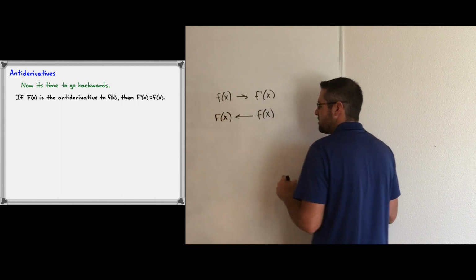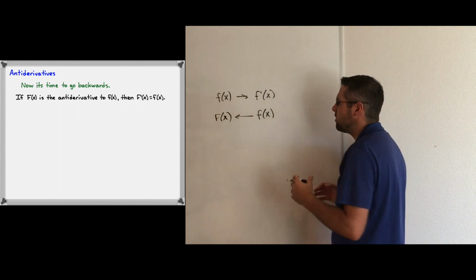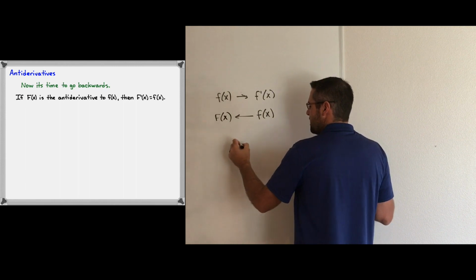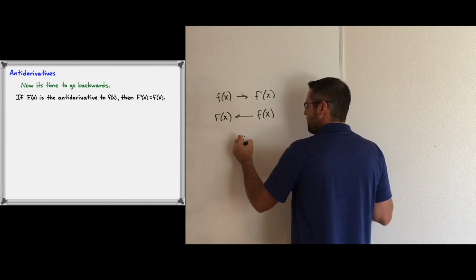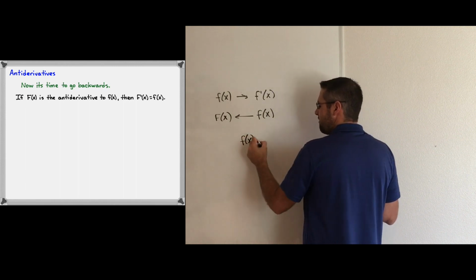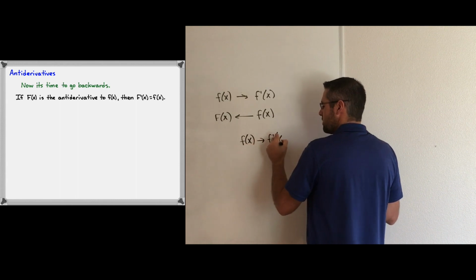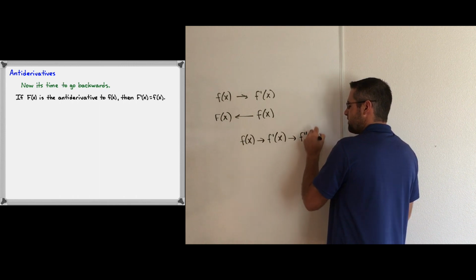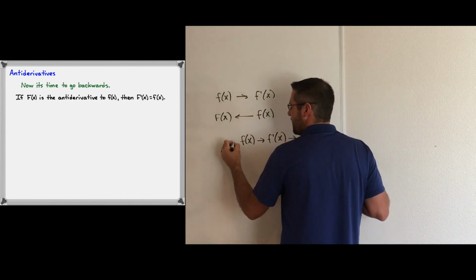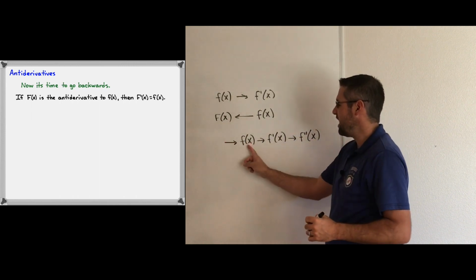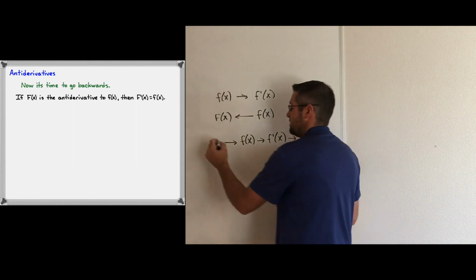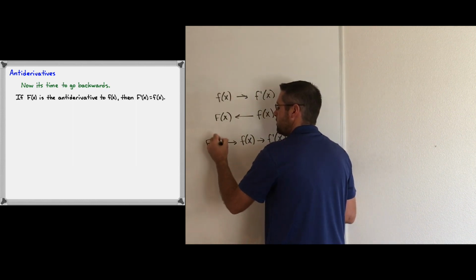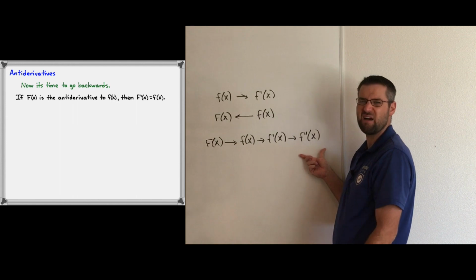That's just common notation. You can look at it this way. If I'm going to write a statement that says the derivative of f of x is f prime of x, and the derivative of f prime of x is f double prime of x, then we can add one extra line here and say that the antiderivative of little f of x is capital F of x.